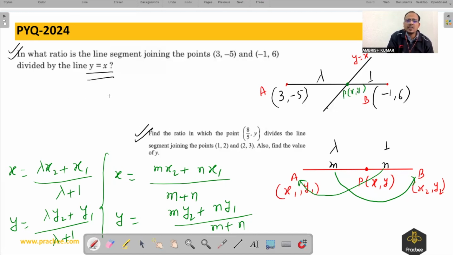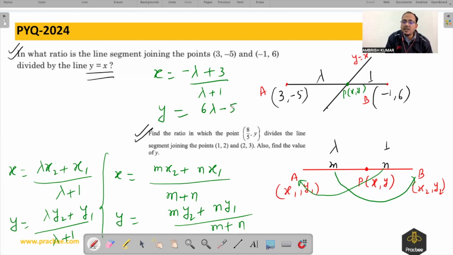So the x coordinate here is going to be lambda times negative 1, means negative lambda plus 1 into 3, that is negative lambda plus 3 by lambda plus 1. And the y coordinate is going to be lambda times 6, means 6 lambda plus 1 times negative 5, by lambda plus 1.